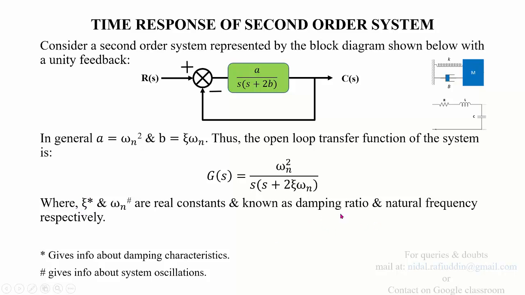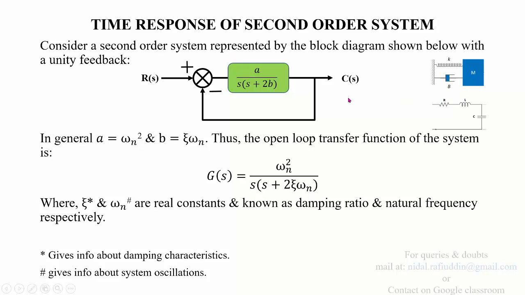We'll talk about zeta and how you get this, and we'll do some examples where we obtain the block representation of the system, and from there we'll conclude what zeta and omega n look like in terms of mass, spring and dashpot parameters, or in terms of RLC parameters. The dashpot and resistor are going to dissipate energy and will damp out the oscillations.